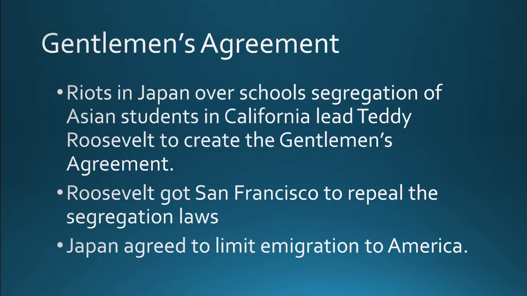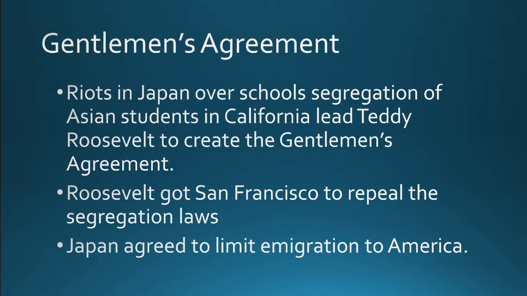Here we go. So what happened was these riots in Japan led the Japanese government to become very, very upset, and hostilities became a real possibility. The Japanese were saying, we're not going to let you treat our people like this. And so what Roosevelt was able to convince Japan is that, hey, we will treat those people better.